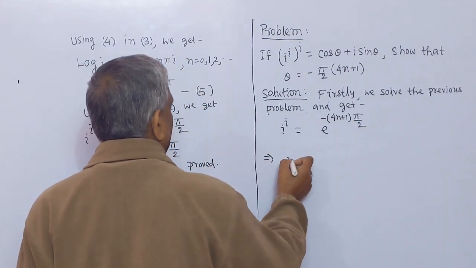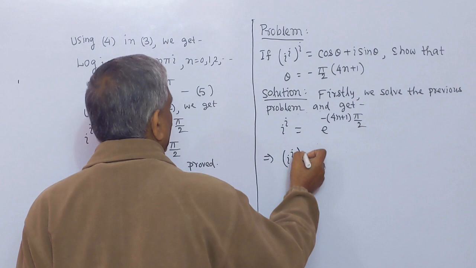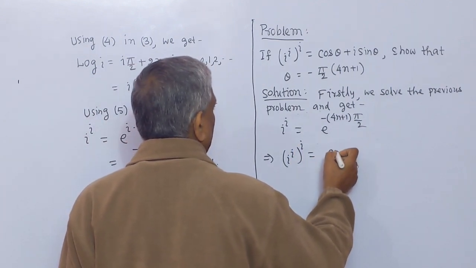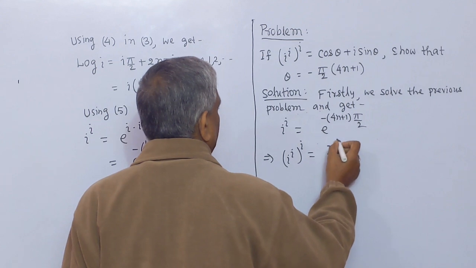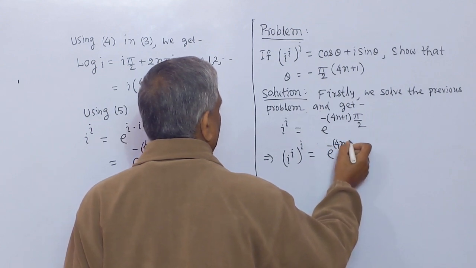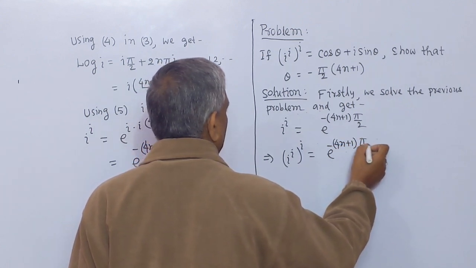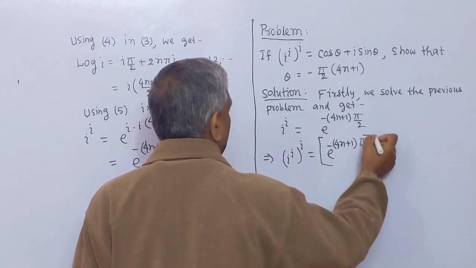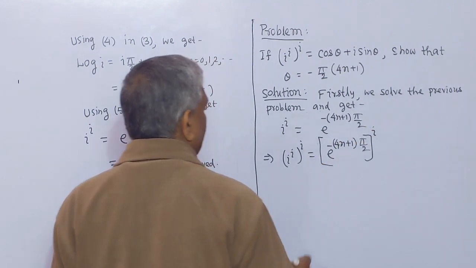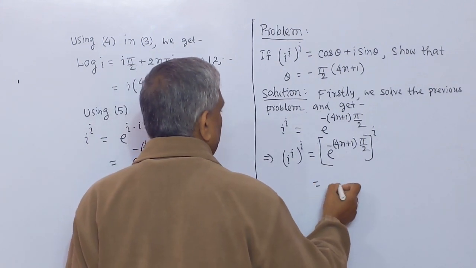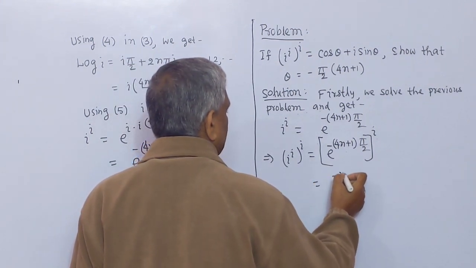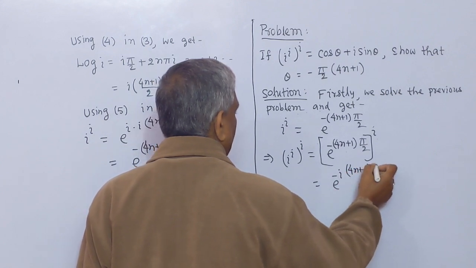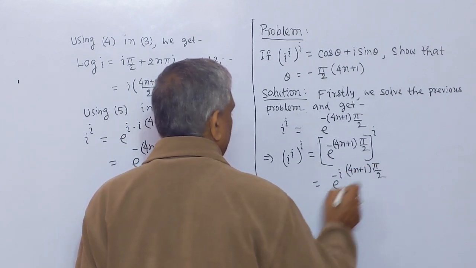This implies that i to the power i whole to the power i equal to e to the power minus (4n plus 1) pi by 2 to the power i, and this is equal to e to the power minus i (4n plus 1) pi by 2.